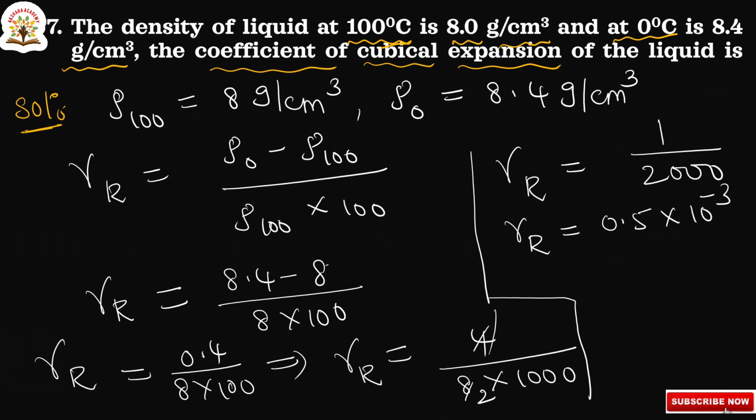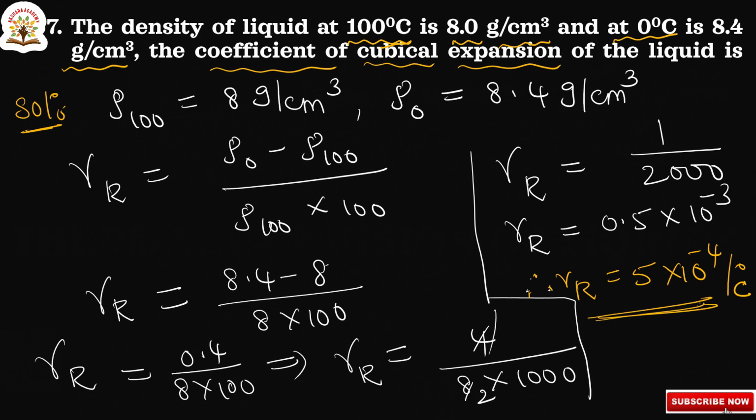So the final answer is gamma R equals 5 into 10 to the power of minus 4 per degree centigrade. This is the final answer.